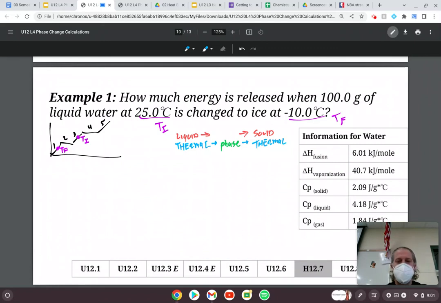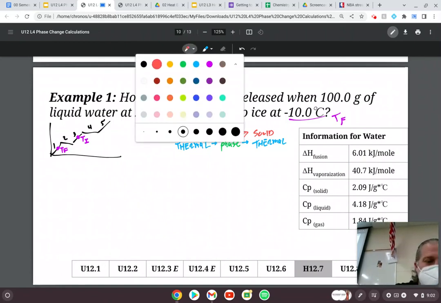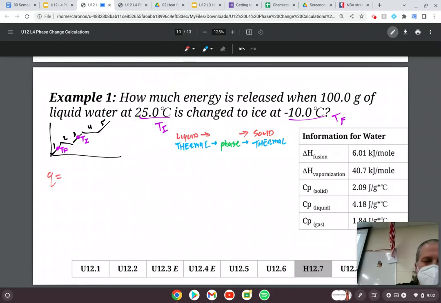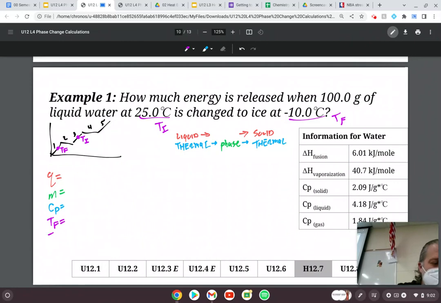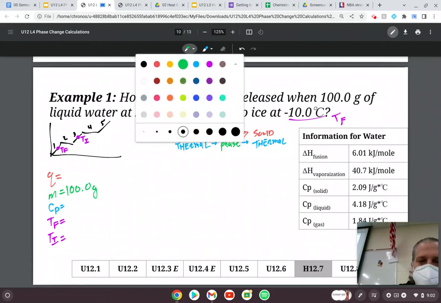Now, here we go. The first one that we have to do is a thermal change, because we're starting at liquid and we're cooling it down, right? So the first calculation is going to be Q, mass, and CP, and it'll be TF and TI. In this instance, a couple of things are pretty easy to find. I have 100 grams of water.